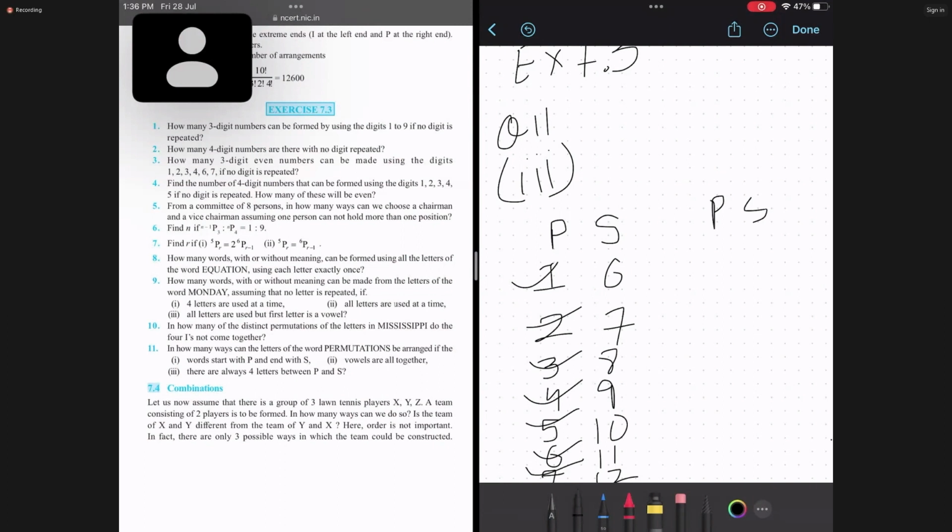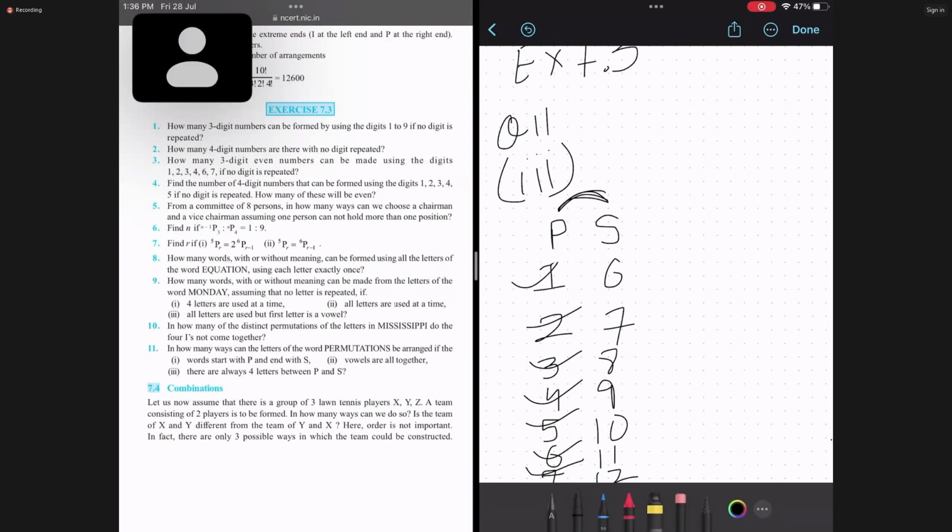But you could also swap the positions of P and S, right? So 7 into 2 would be the number of ways of filling the places for P and S, right? So there are 14 ways to place P and S keeping this condition in mind, and there are 10 letters left. All that is required now is to permute these 10 letters and multiply the answer by 14, and you'll get the final answer.